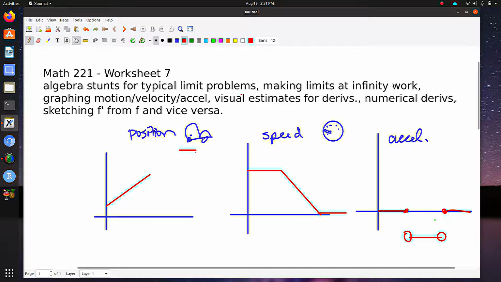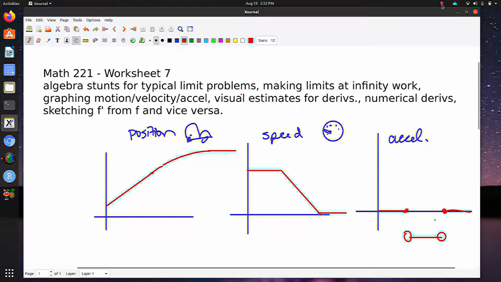So maybe let's put this over here, and then we can smooth this out somehow. Yeah, we can't smooth it out. There we go. We're going to do this kind of thing. All right. Because you can slam on your brakes, but your position is going to change more smoothly than your physical reaction of slamming on the brakes. Okay, so that kind of thing can happen.